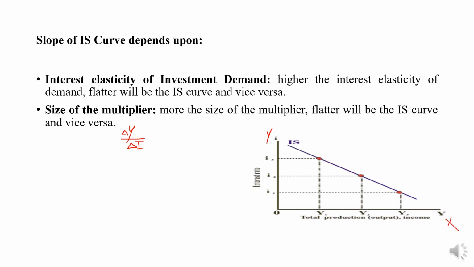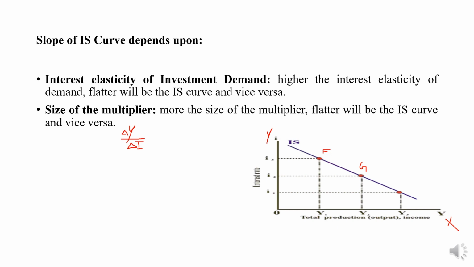So when the interest rate is high at point F, income is very low. At point G, when the interest rate is low, from 3 to 2, the income or the output is high.